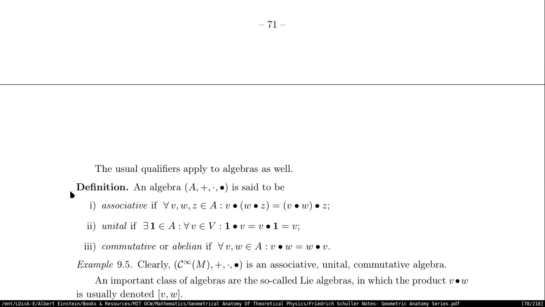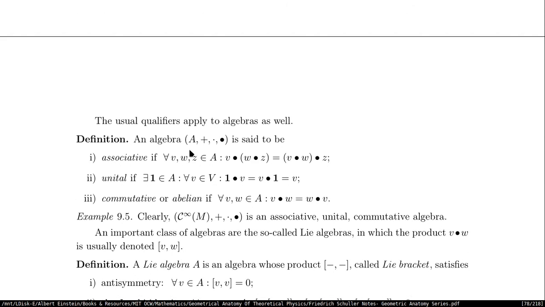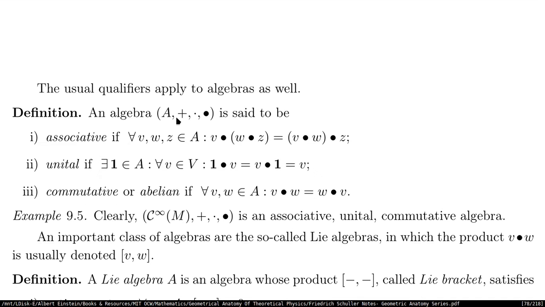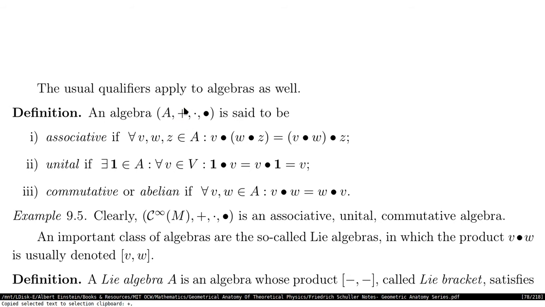Yeah. So an algebra is basically, as you can see here, a set with some operations on it. So algebra A has operation addition, or this is scalar multiplication. This small dot is for multiplying with a constant.